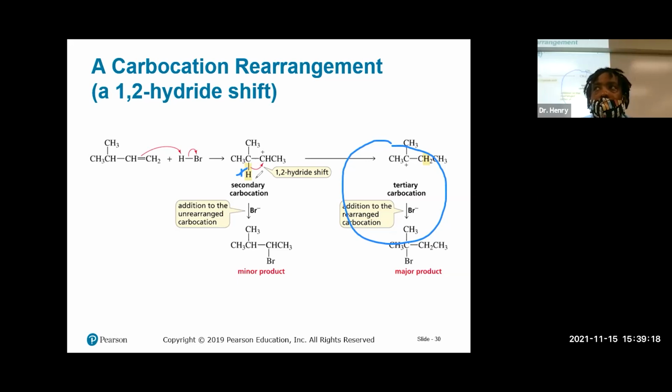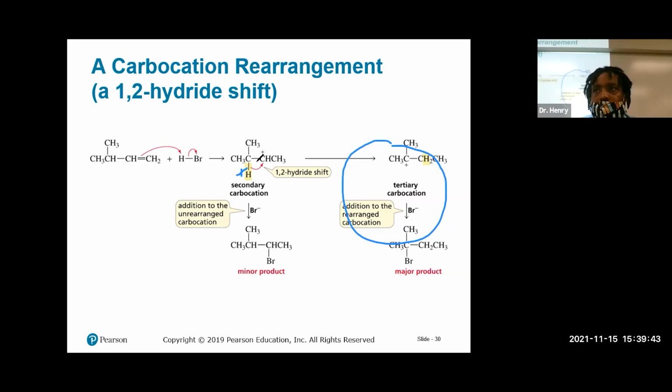So this hydrogen is going to shift over to that carbon, and then it causes this carbon to be the cation right here. The reason it does this is that by making this shift, it makes that charge a little more stable.